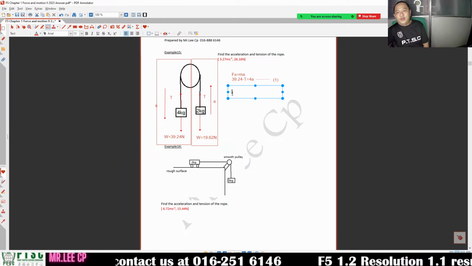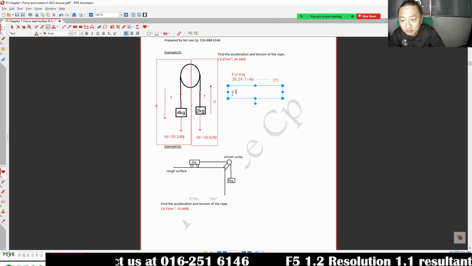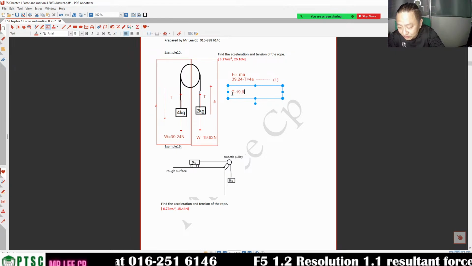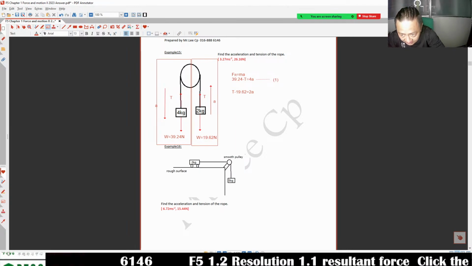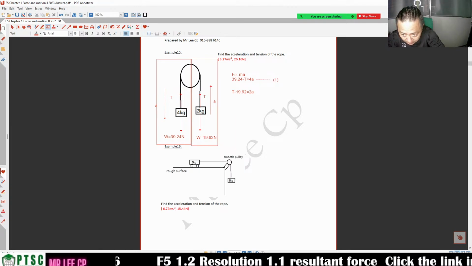T minus weight 19.62 is equal to 2A. T is the bigger one minus the smaller one.